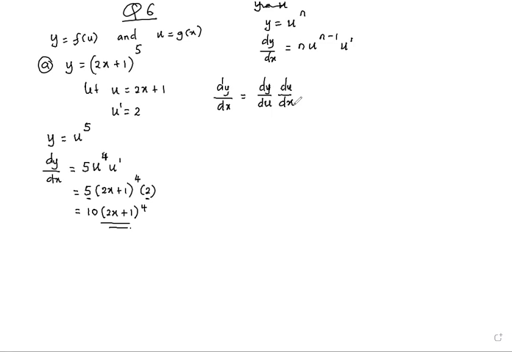So we first differentiate with respect to u, that's dropping the power, subtract by 1. Then you multiply by the du dx, which is the u prime. I don't know if that's fine. Yes, thank you, sir.